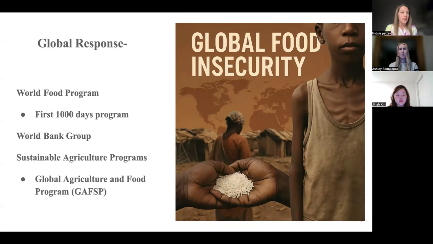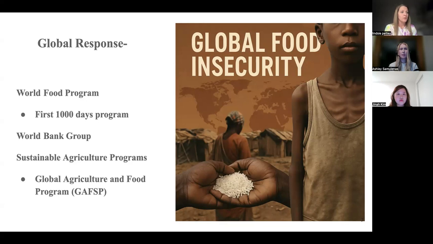There's also the World Bank Group, which was founded in 1944. It's one of the world's largest sources of funding and technical support for developing countries. Through its 5 institutions, it works to reduce poverty and promote sustainable development, playing a major role in advancing Sustainable Development Goal 2.